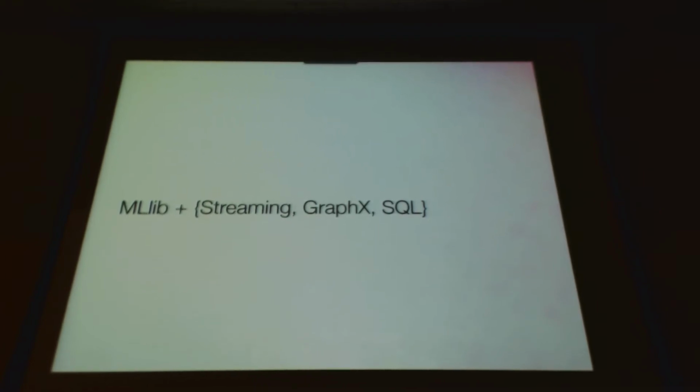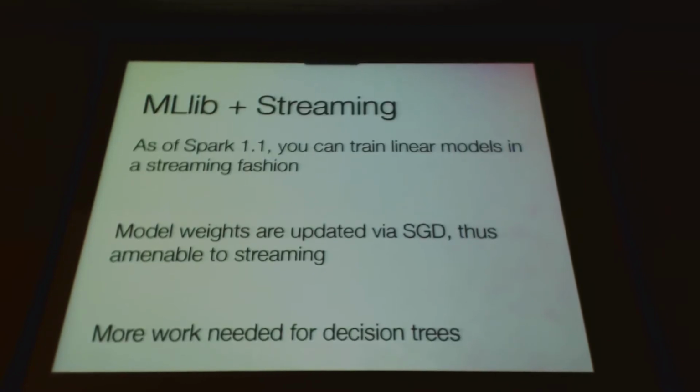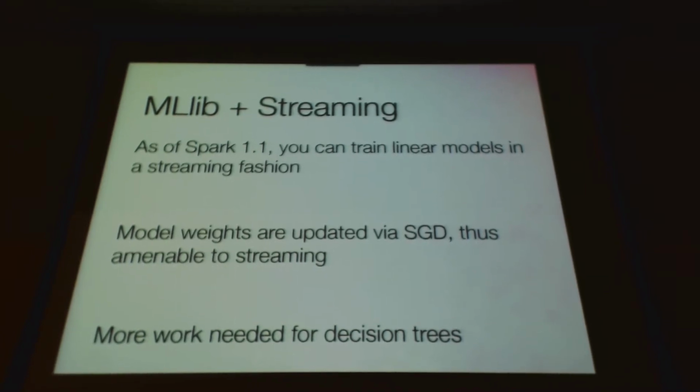Last but not least, I'm going to give you some examples of how to use MLlib with the other libraries of Spark. As of Spark 1.1, which was released a couple months ago, you can now take Spark Streaming and build models in an online fashion.